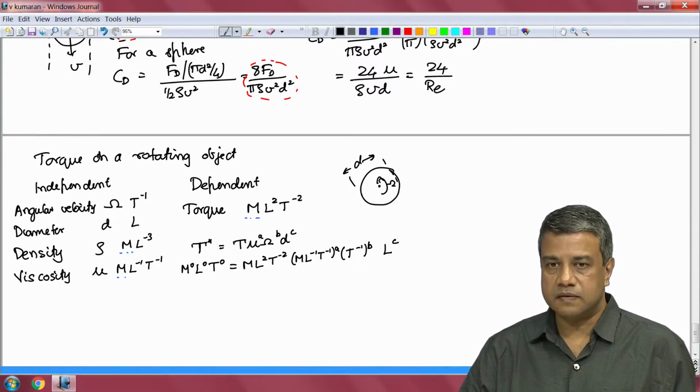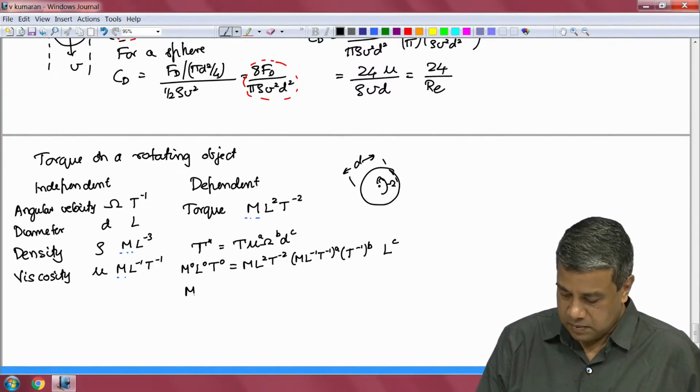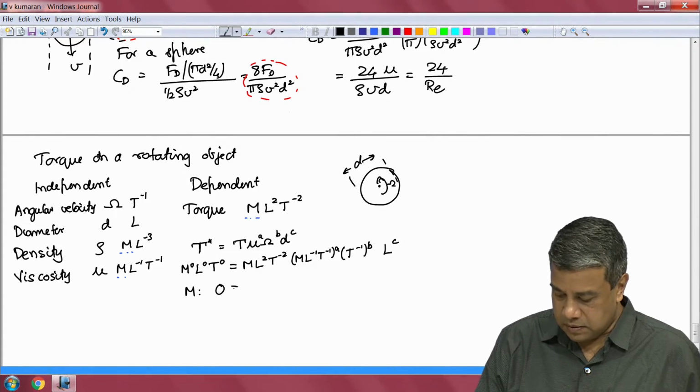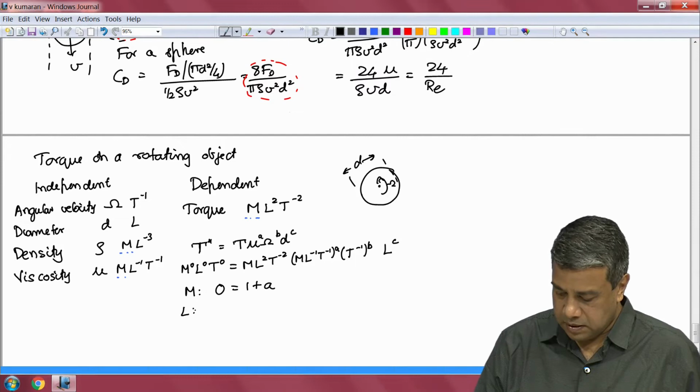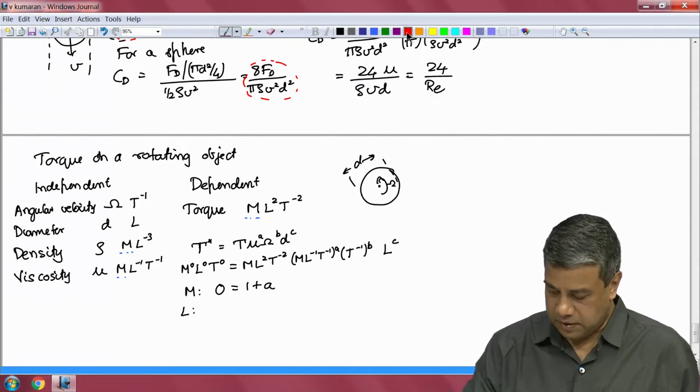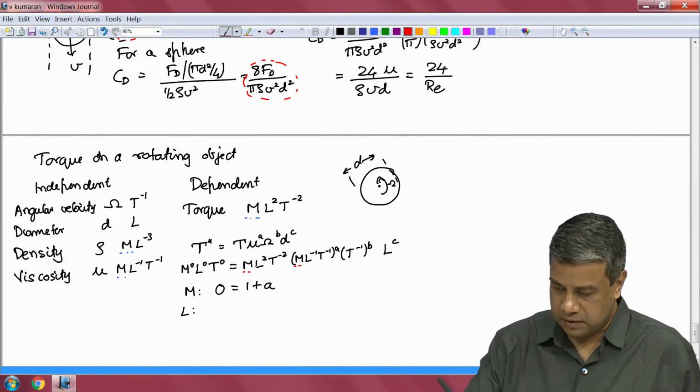Equating the exponents of the fundamental dimensions, mass dimension 0 equals 1 plus A, because I have mass dimension only in the viscosity and the torque.